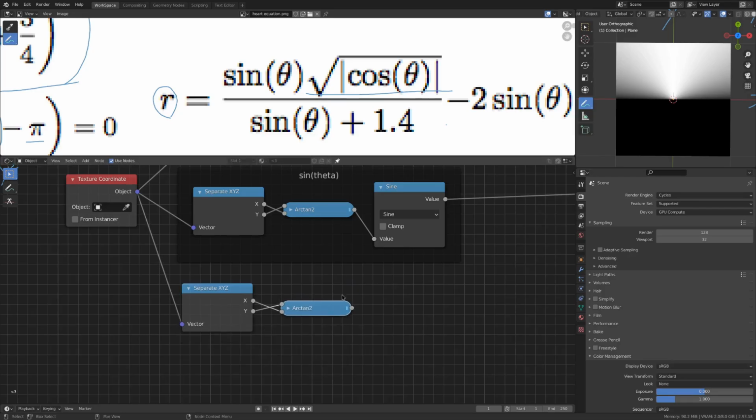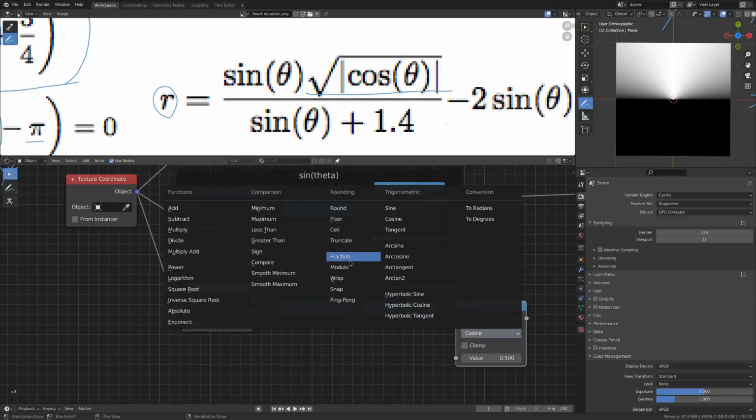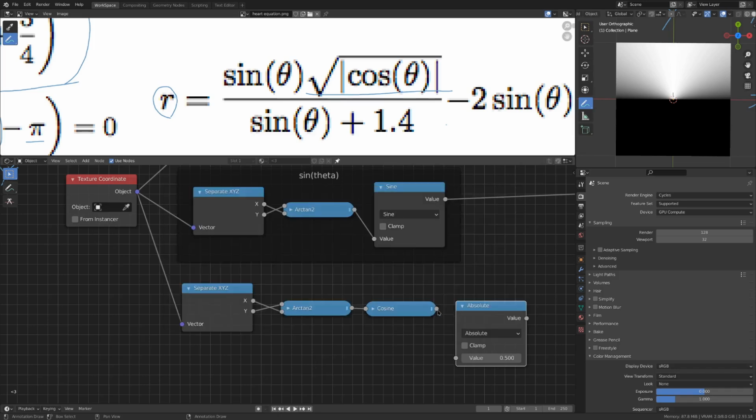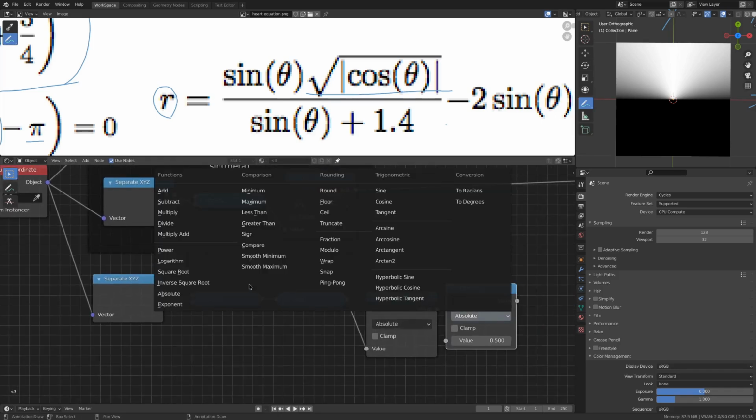And we made this theta here, math, and set it to cosine. We just made this part here, and we are going to use absolute here. So absolute and square root that.